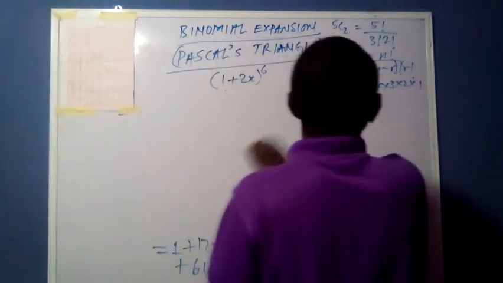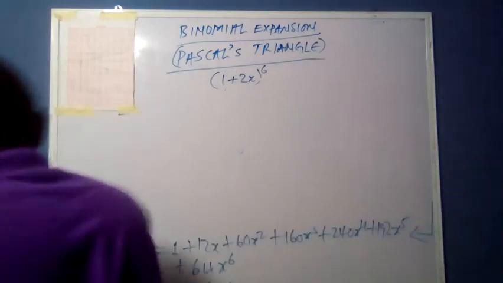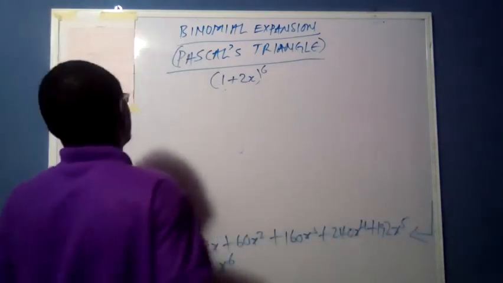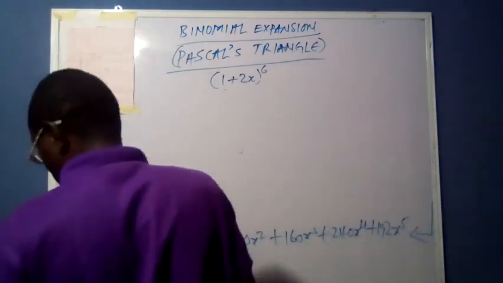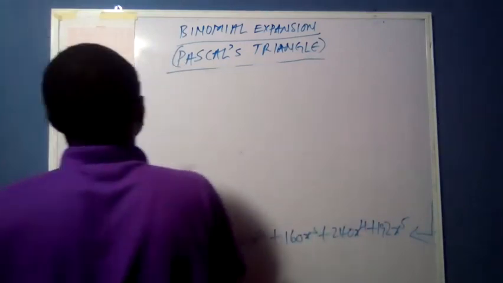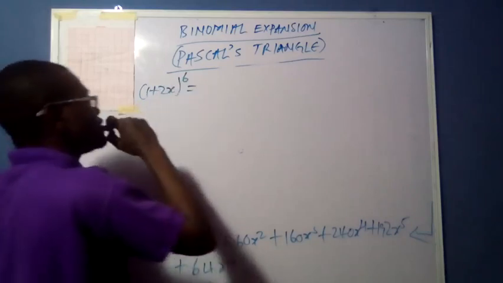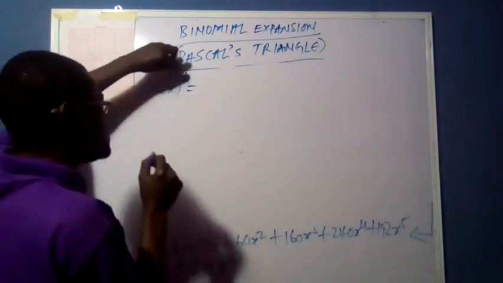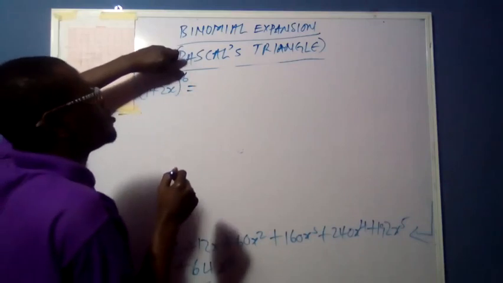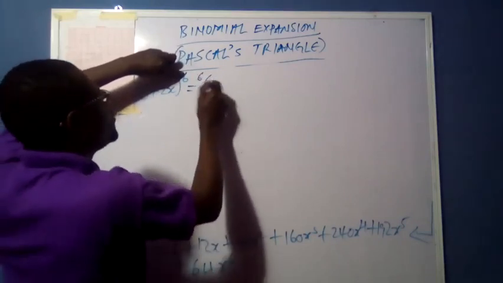So how do we now apply it? Let's see how to apply this formula. We have 1 plus 2x raised to power 6, and that power 6 is going to be our n. So the first combination is going to be 6 combination 0.